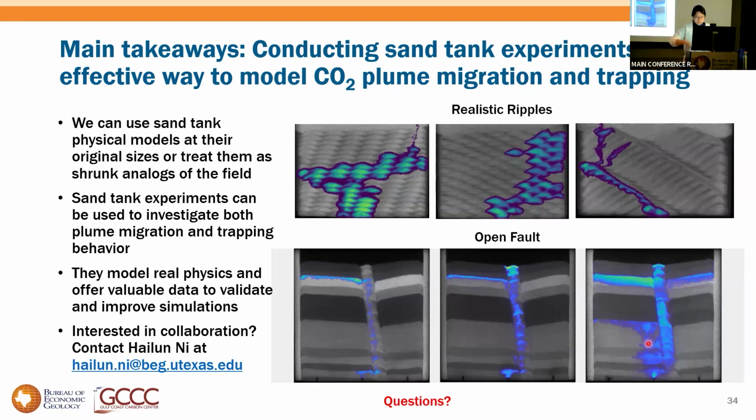The way we do that is usually by adjusting the different dimensionless numbers or scaling groups to make sure that when we conduct these experiments, for example, the permeability contrast in the field can be represented by the contrast between capillary entry pressure between these different layers, so that we can mimic that kind of permeability contrast to the best of our ability in these kinds of sand tank experiments.